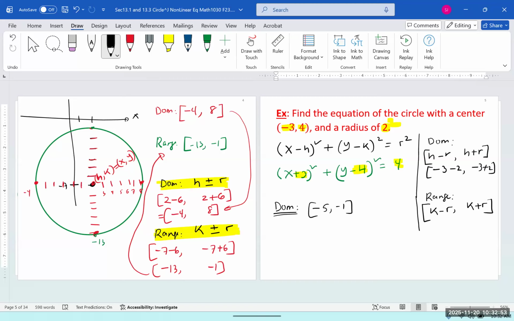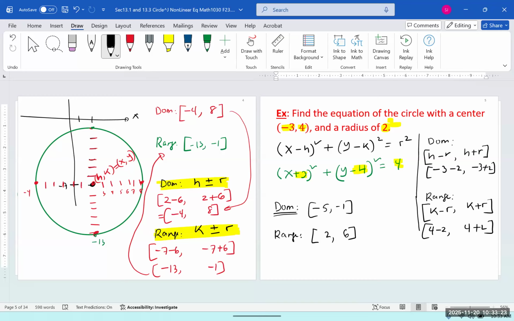You always have to start with a small one, from small to large. Who would like to try the range? Nihan. 4 minus 2 and 4 plus 2. So we have 2 to 6. Perfect.